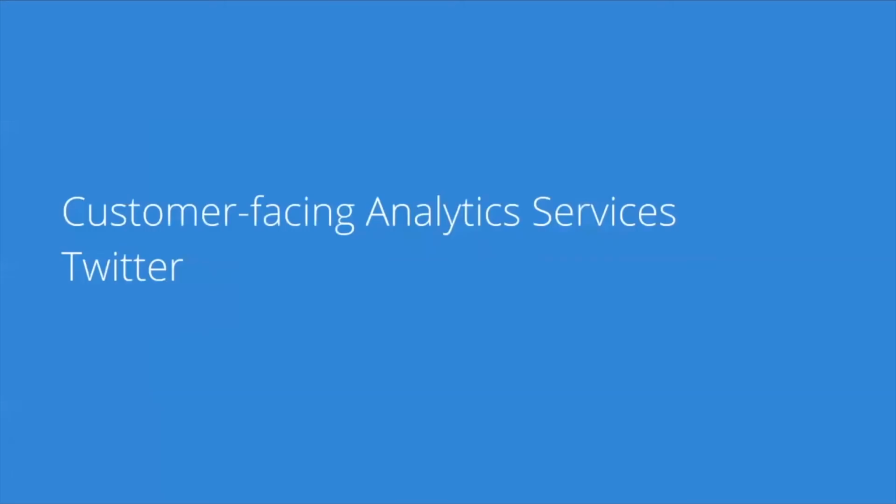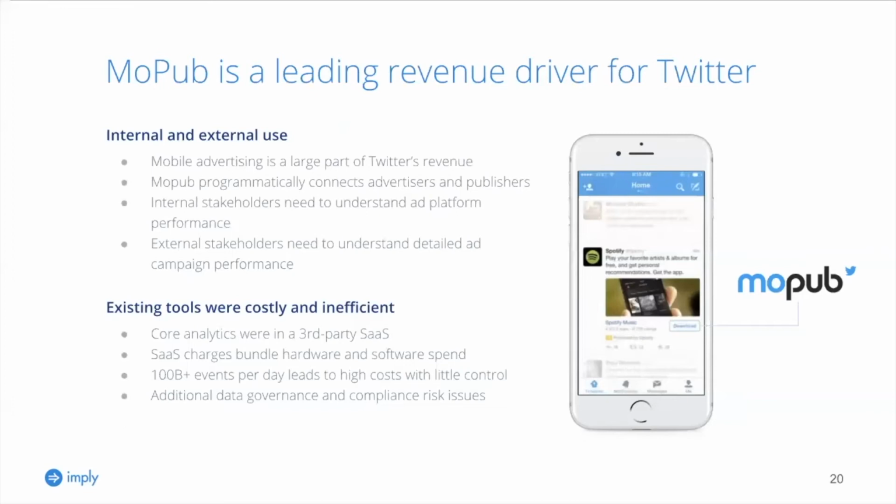Now, let's talk about some examples of our customers in action. Twitter. Now, Twitter owns a company called MoPub, right? MoPub is basically a revenue-generating platform that runs on top of Twitter's platform, right? And as you can imagine, it's a large part of the revenue. MoPub is programmatically connecting advertisers with publishers, right?